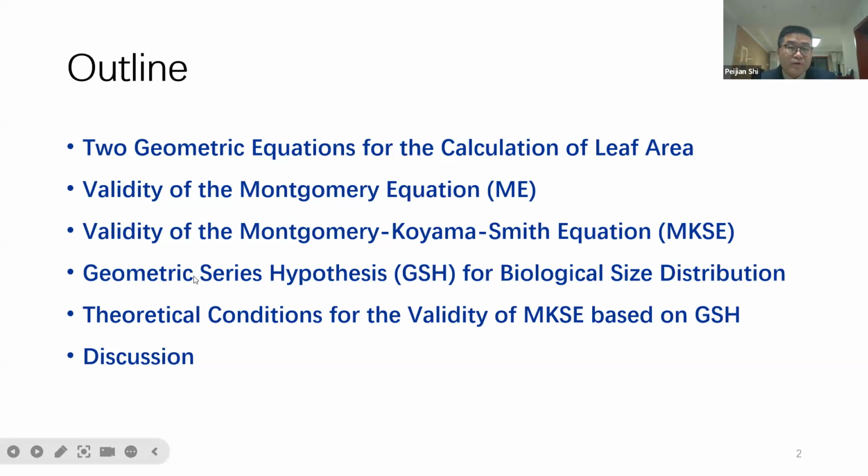And fourthly, I will show a geometric series hypothesis for biological size distribution based on leaf area calculation. Fifthly, I will introduce the theoretical conditions for validating the Montgomery-Koyama-Smith equation based on the geometric series hypothesis. Finally, two points of discussion will be made.